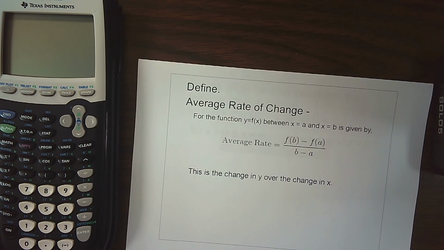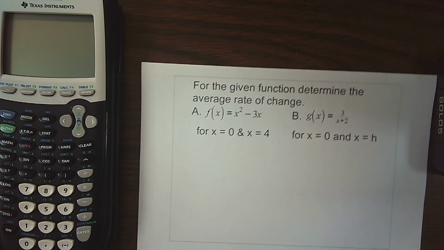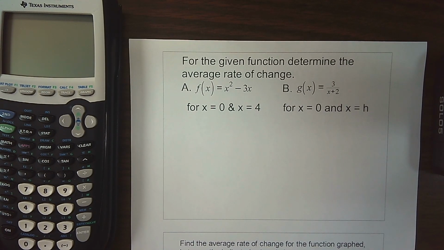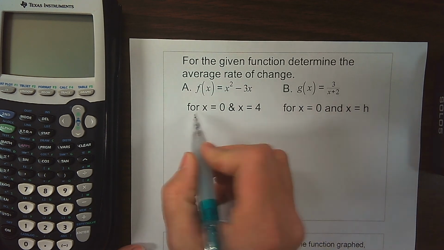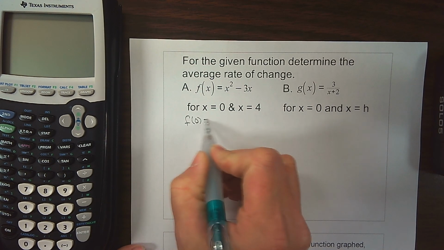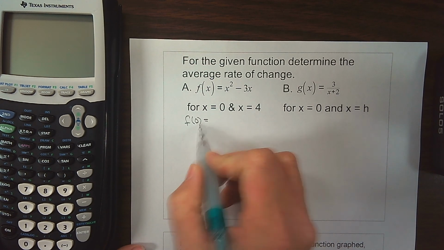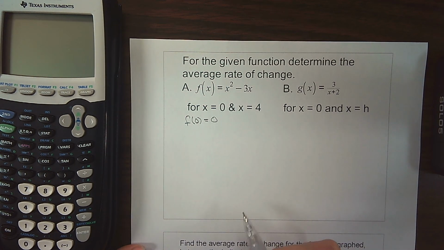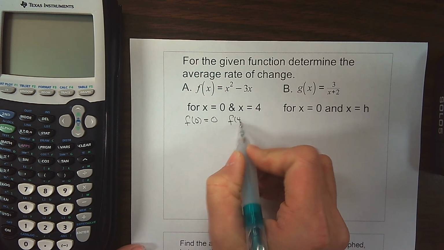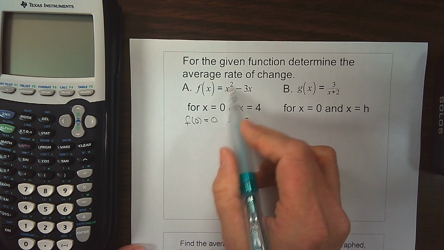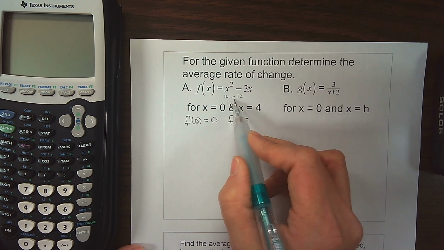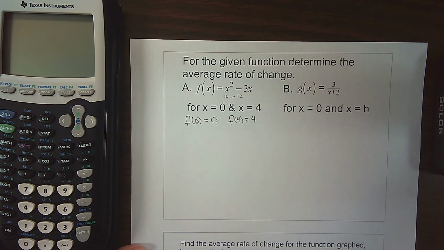Okay? All right, let's take a look at a couple of other functions, and again, just some more algebraic calculation and finding average rate of change. I'm just going to find the outputs for these x values. So when I plug in 0 here and here, I just get 0 as a result. For f of 4, I have to do 4 squared, or 16, minus 4 times 3, which is 12. 16 minus 12 gives me an output of 4.